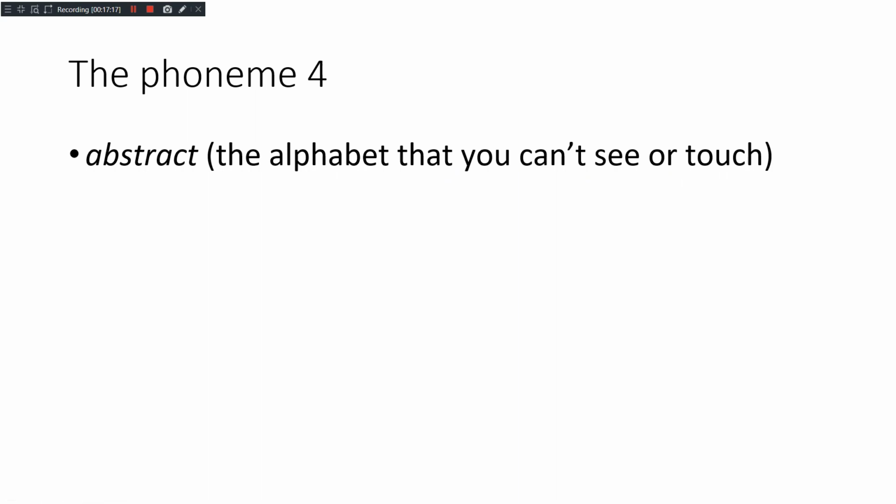Can you touch the letter A? Can you touch the letter B? Can you see the letter B if it's not written down in a representation? No, it is an idea that we have in our minds. We know that there are letters in every language. But when it is written as marks on a paper, then it becomes real. It is represented in writing.